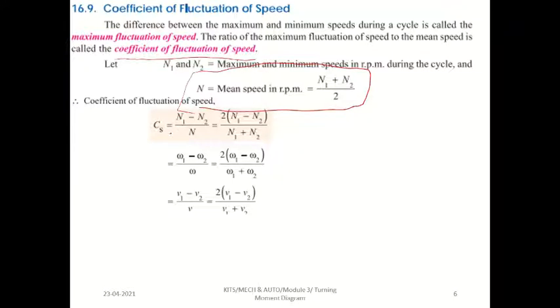Now coefficient of fluctuation of speed equals N1 minus N2 divided by N, where N1 means maximum speed, N2 means minimum speed, and capital N means N1 plus N2 divided by 2. Otherwise, instead of putting capital N, we can put N1 plus N2 over 2, and the 2 will go to this side.